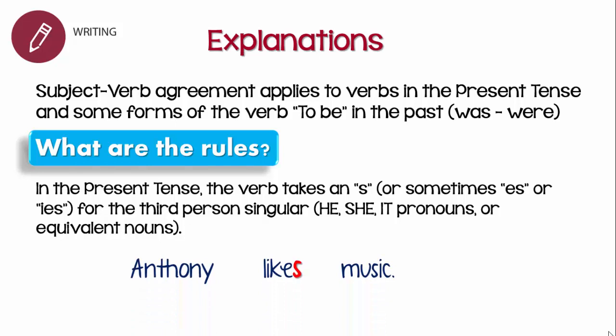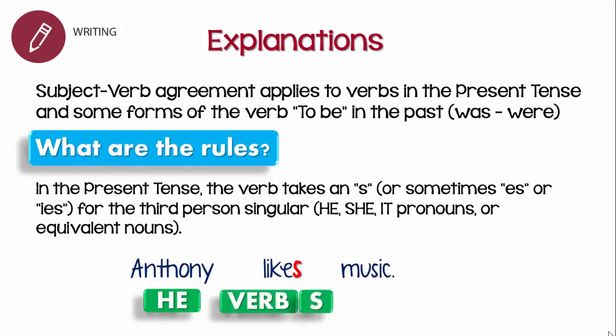Anthony likes music. In this example, Anthony is the subject and it corresponds to he. It's the third person singular. So I have like, which is the verb, and I have to add an s to make the verb agree with the subject.